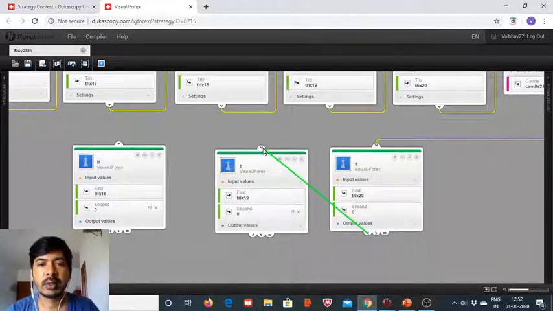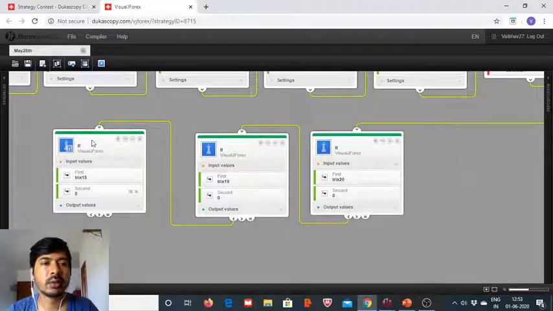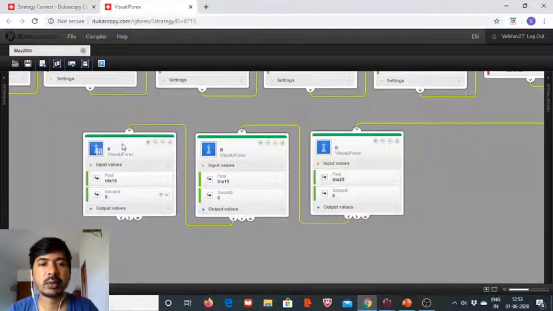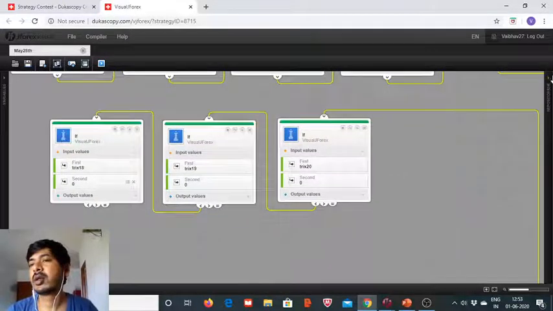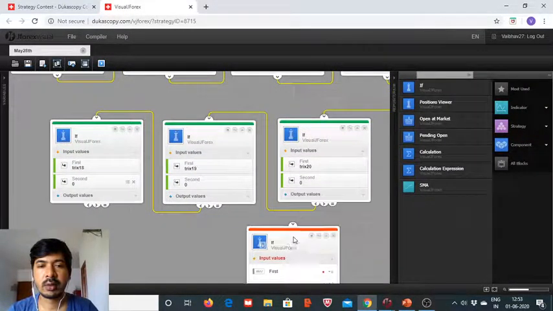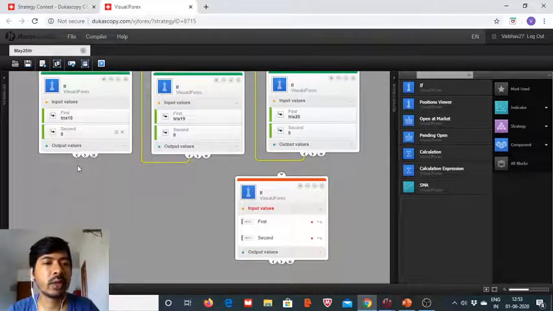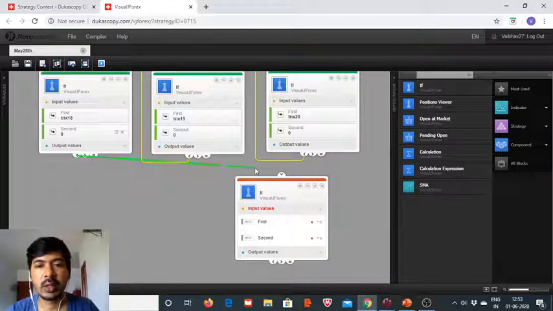It should be less. Okay, now again we connect this to new condition. It should be less.